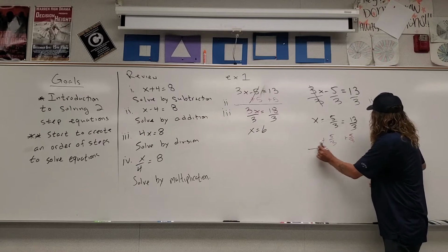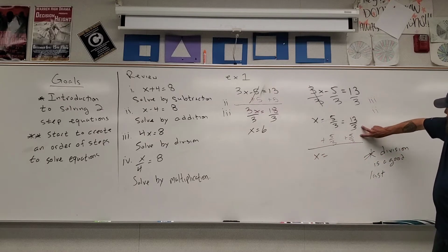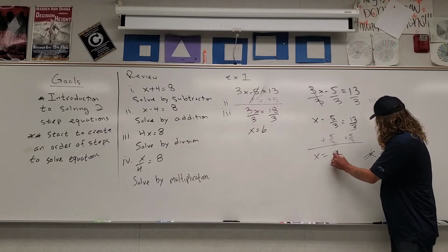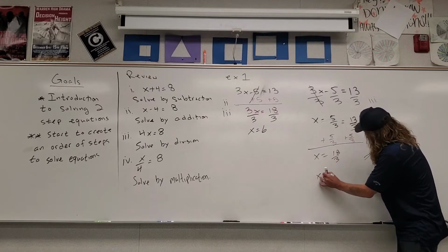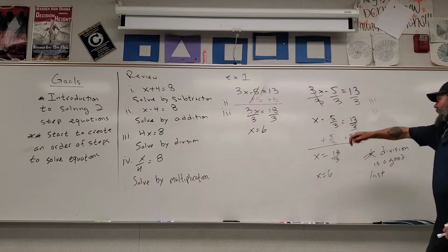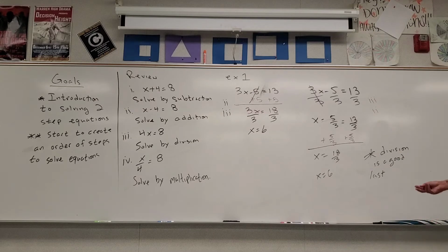We would see that x is equal to, well, I can add these together because they have the same denominator, 18/3, so x would be equal to 6. But we're adding fractions to a problem. We don't want to do that, unless you want to make it interesting. Division is a good last step.